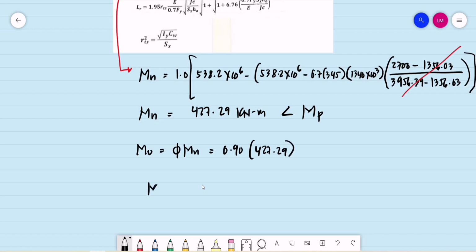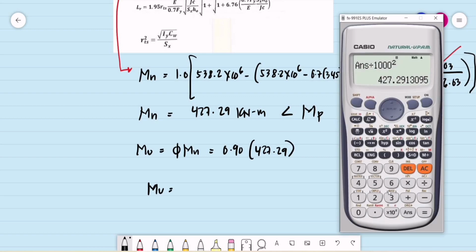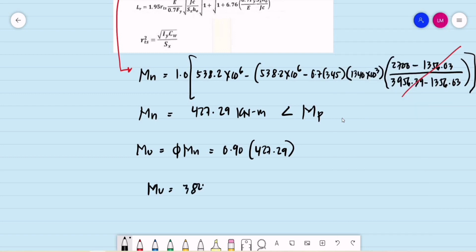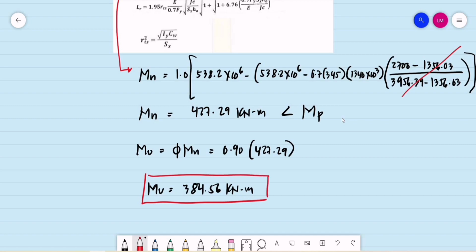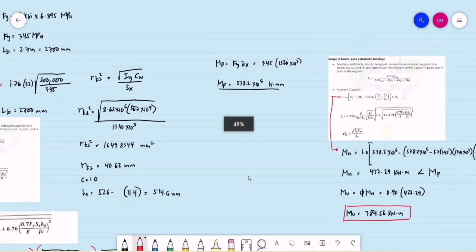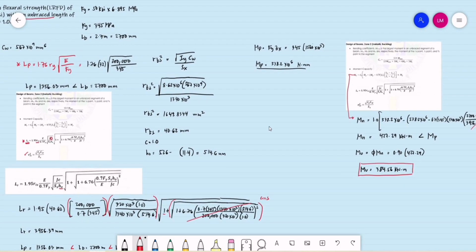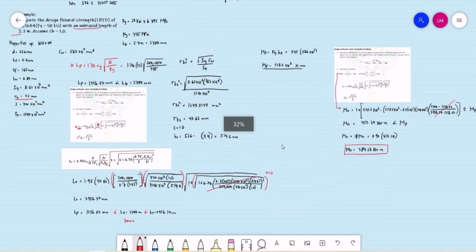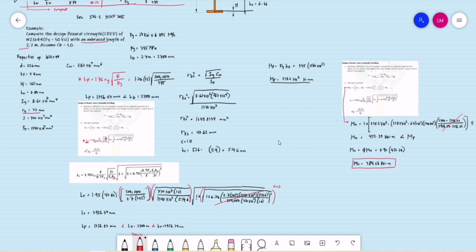And this M sub u is now equal to 384.56 kilonewton meter. So this will be the design flexural strength of the W21x44 with an unbraced length of 2.7 meters. And this will be our solution for this example.